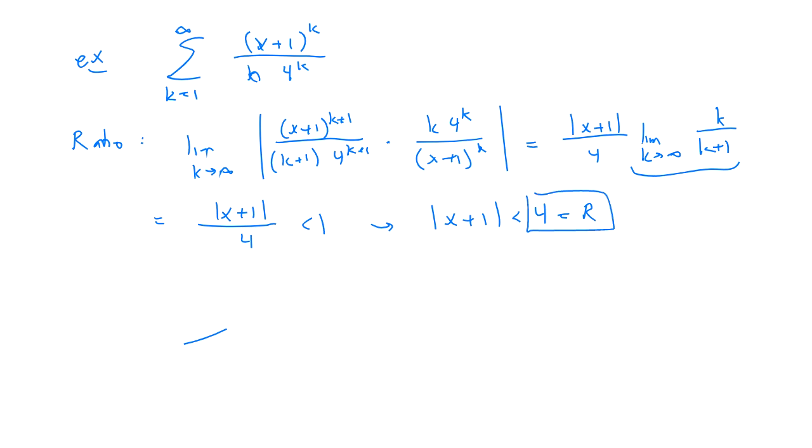So the radius of convergence is 4. Remember, for the radius of convergence, we need it in the form |x minus a| is less than r. So if you have a number in front of the x, so if I had done 2x plus 1, you would have had to divide by 2.